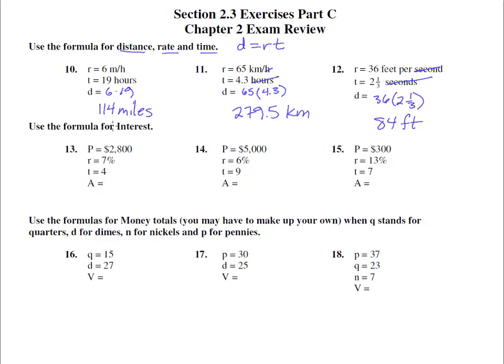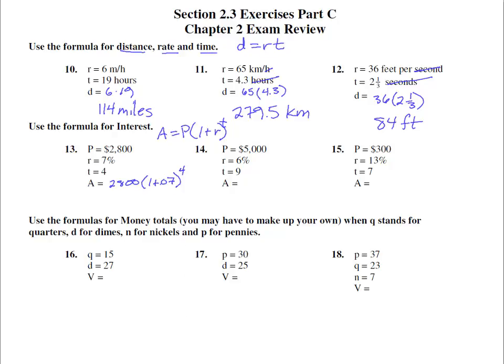Number 13, use the formula for interest. The formula for interest was that the amount equals the principal times 1 plus the interest rate all to the t power. So the amount of time goes up here. So this is going to be 2,800 times 1 plus 0.07 all to the 4th power.